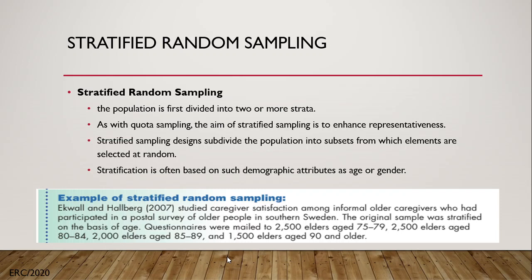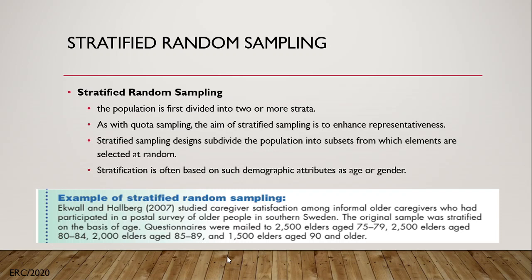Okay, an example of stratified random sampling is from Eckwall and Holberg in the year 2007, who studied caregiver satisfaction among informal older caregivers who had participated in a postal survey of older people in southern Sweden. The original sample was stratified on the basis of age. Yung study nila, in-stratify nila through sa age or categorized through the age.